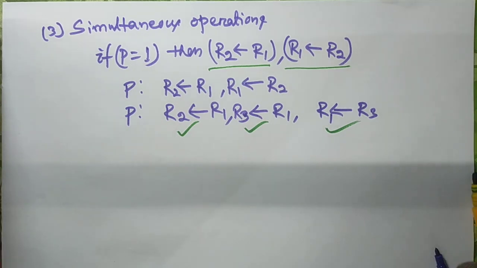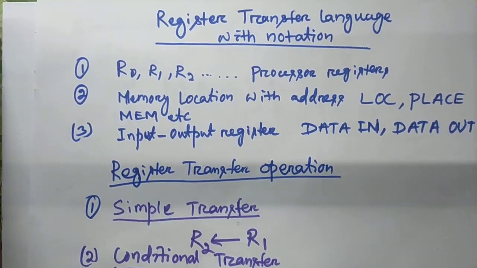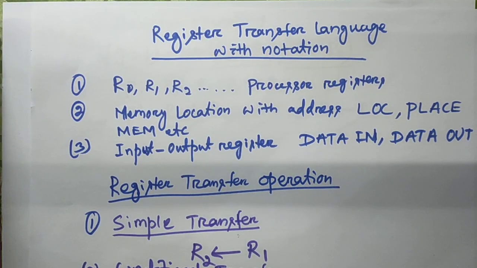So this is the topic today: register transfer operation and register transfer language. Whenever we go through the register transfer language, we consider different notations, meaning notations understood by the register transfer language.